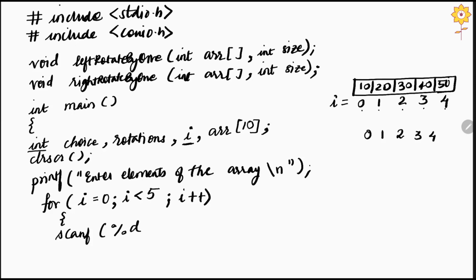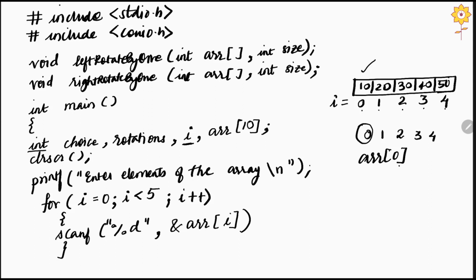We will write %d inside double quotes, then a comma, then an ampersand, and then the name of the array where these elements are to be stored, and inside the square brackets you will write i. Whatever is entered in the first iteration, when i is 0, will be stored in the 0th position of your array.